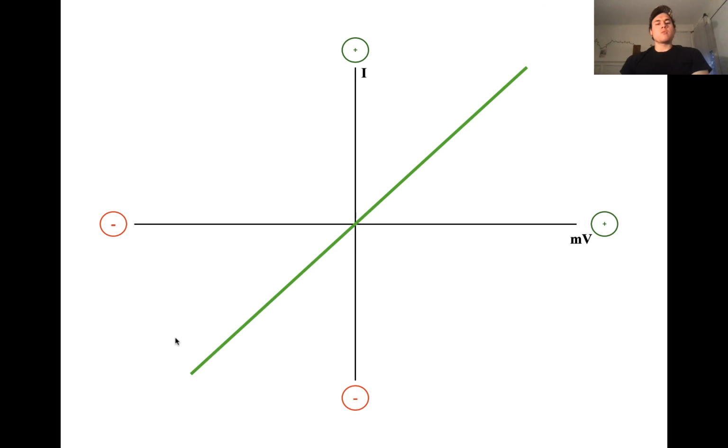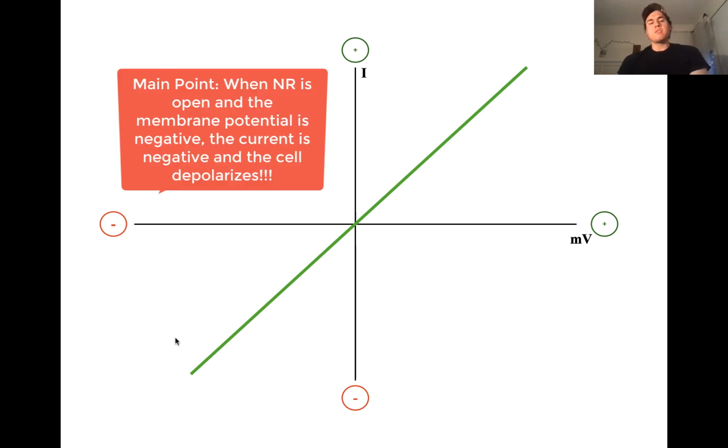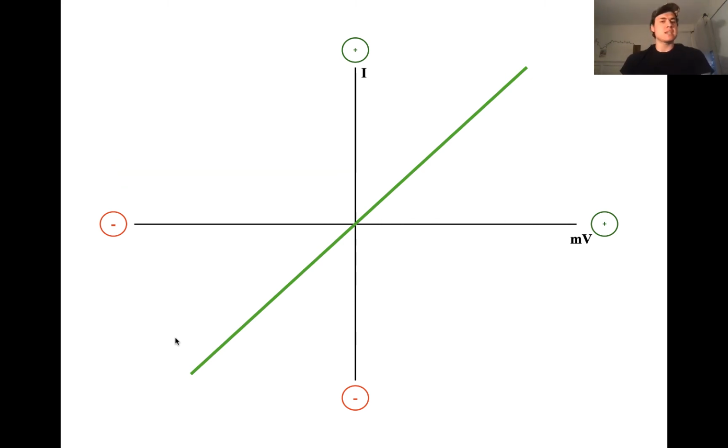So in other words, when the membrane potential is negative, or below 0 millivolts, the current is negative, and this means that current will move into the cell. Remember that current is the movement of positive charge. So when current is negative, this means positive charge is moving into the cell, and the cell is depolarizing when the nicotinic receptor is open.